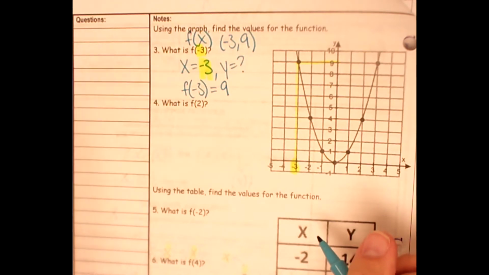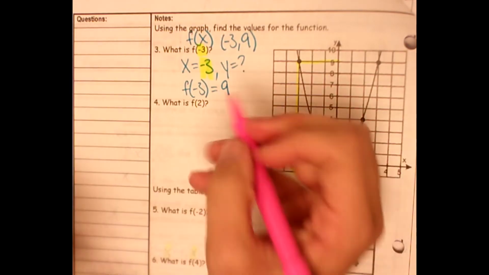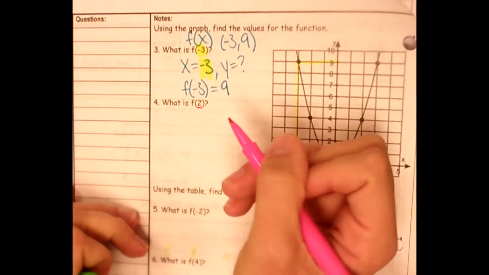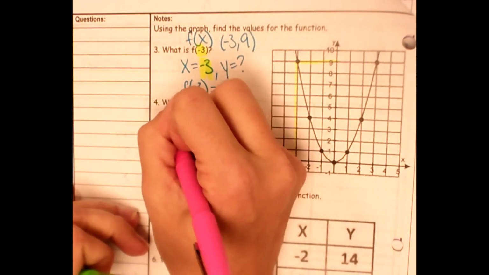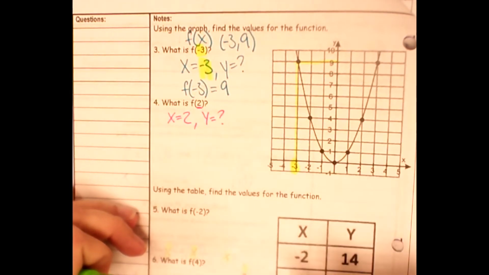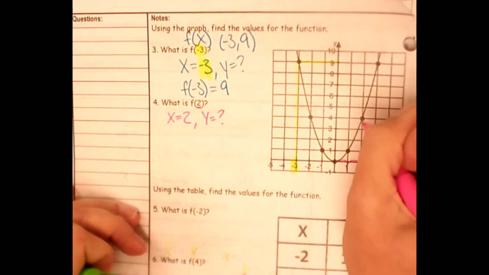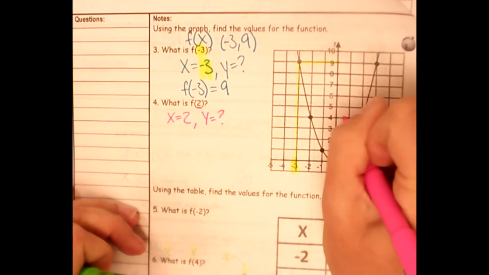Looking at number 4. What is f of 2? That means when x is 2, what does y equal? So looking at my graph, when x is 2, y is going to be 4.